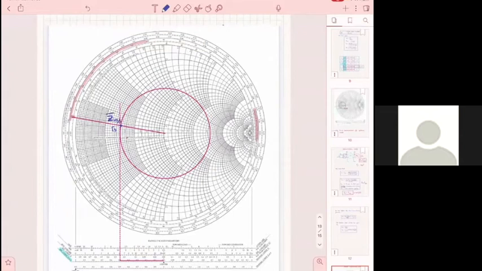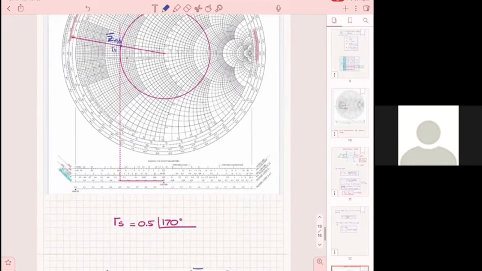That's where my impedance is located here. It's just that I measure it differently. I don't look at the red circle where I found gamma S. I look at the resistive circles and the reactive circles on the Smith chart. So what is the value of this if you were to read it? Let's do that just to practice a little bit. Tell me the value of this one.